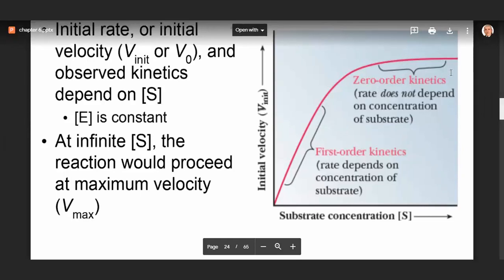This is zero order kinetics. Why? Because the rate does not depend on the concentration of substrate. And we call this velocity the maximum velocity, Vmax, and it is obtained when the enzyme is fully saturated with the substrate.